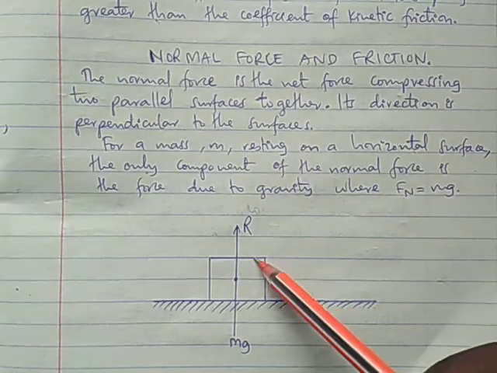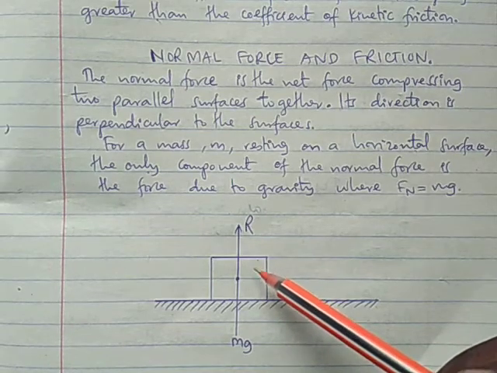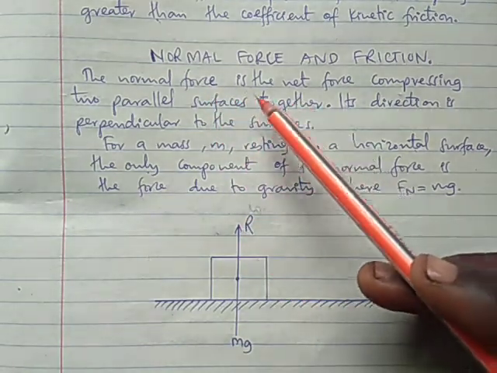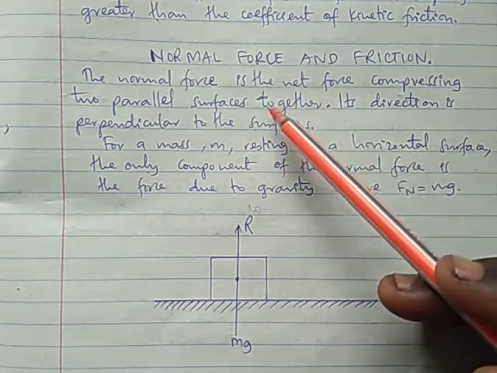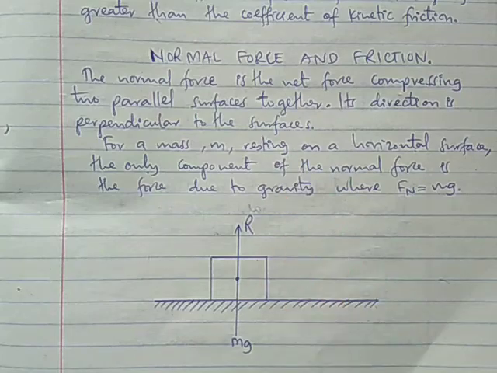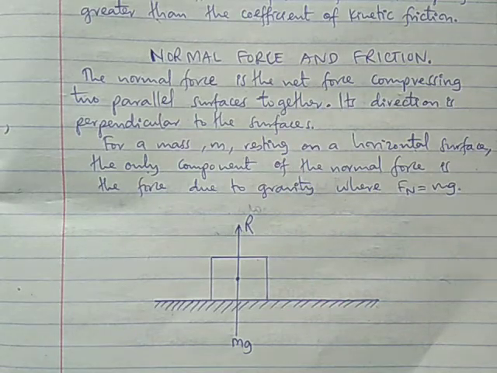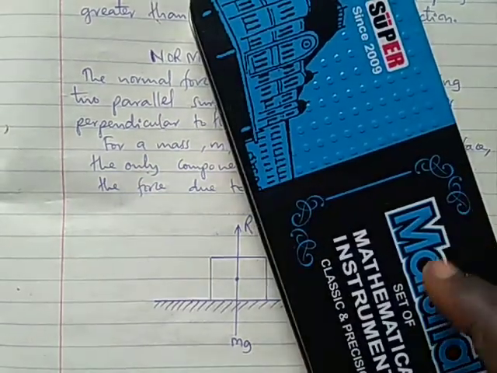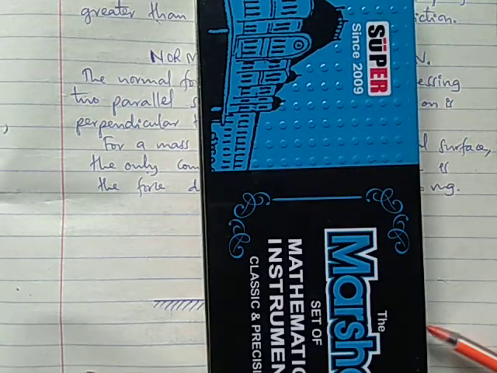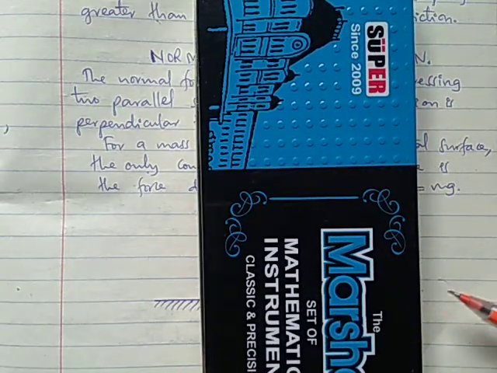As I said in the previous session, at the part of introduction, the normal force is the net force compressing two parallel surfaces together. So, for example, if I have this, my mathematical set, when I put it above the exercise book, there will be a force compressing between this mathematical set and the exercise book.